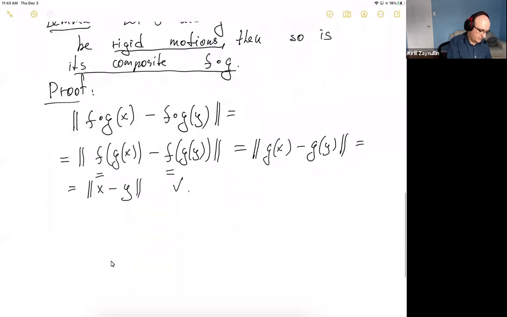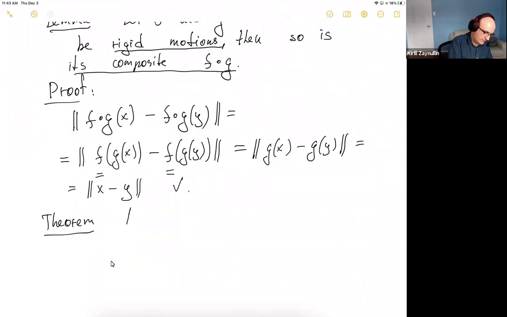Now let me state the following important fact. Theorem. It basically describes, well, it's an attempt to describe all possible rigid motions. So the question is how they can be described in terms of some elementary motions or movements.